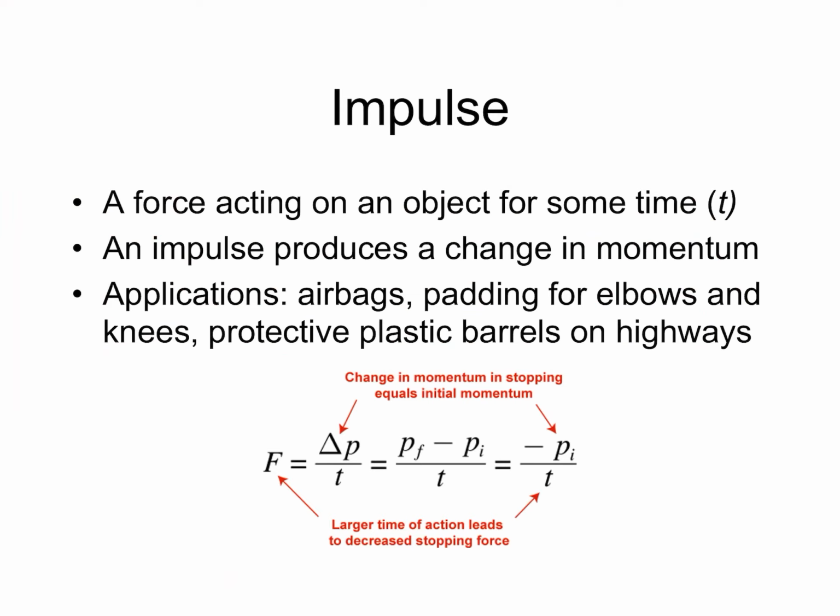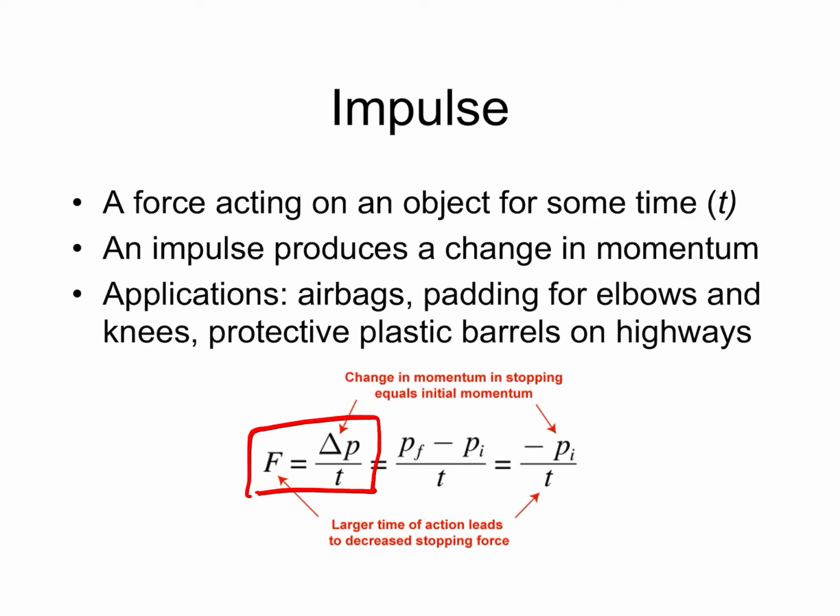And impulse, I should say, is force equal to the change of momentum divided by the time, okay? And change of momentum means final momentum minus initial momentum, over time.